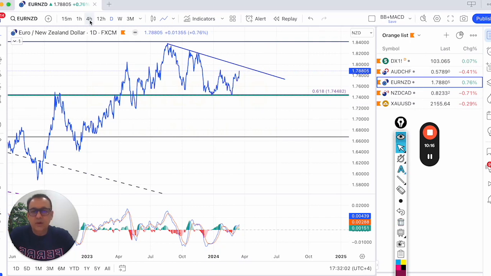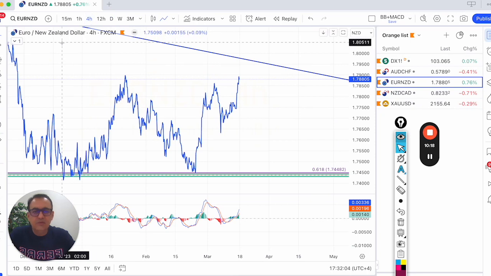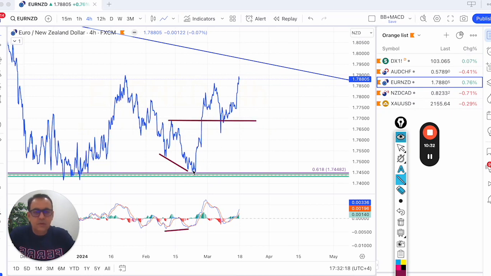Moving to further down, lower time frame, that's 4-hourly chart. Now based on 4-hourly chart, we can see that buyers are in total control of this currency pair. So we got bullish divergence here. We got the break of structure here, and we also got the required pullback, the retest, and now it's moving upwards. So we can apply Fibonacci extension on this move.